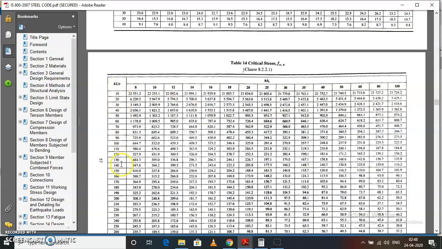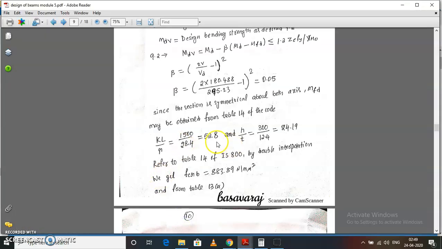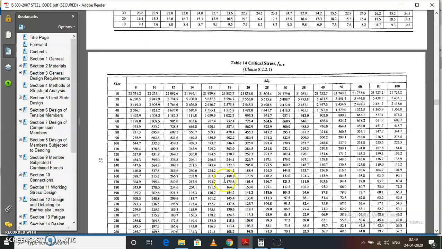KL by r value is given in the y direction, and the value of critical stress is given along the x-axis for different h by tf values. So we have calculated KL by r equal to 52.8 and h by tf 24.19. So go to this table.